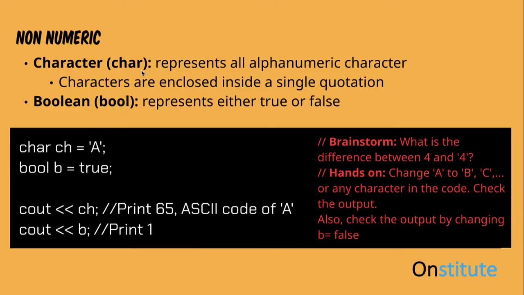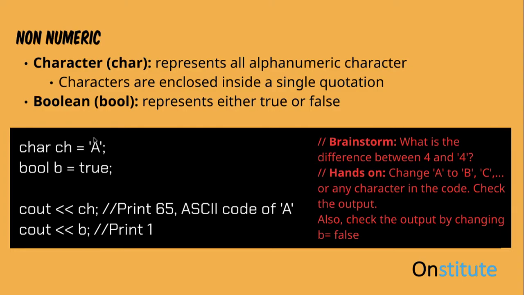Now, character represents all the alphanumeric characters in C++. It can be A, B, C, D, Z, a semicolon, a hash, a dollar symbol, or whatever character you can think of. These characters are always enclosed inside single quotes, just as you can see in this program.